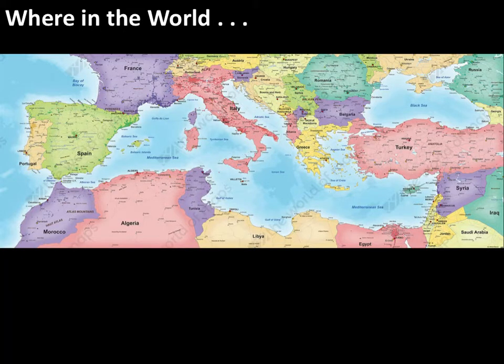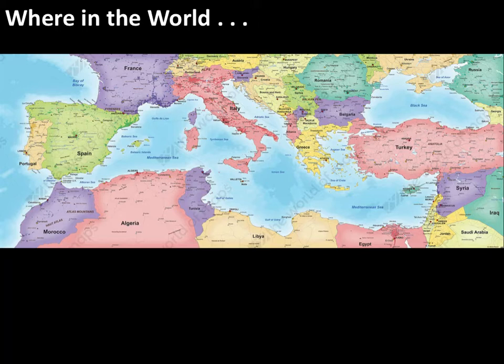Okay, when we're talking about ancient Greece, we're not necessarily talking about the country of Greece as we think of it today. Yes, we're still talking about that corner of the world, but it's a little more complicated than that. And I include this map because I like to show the entirety of the Mediterranean.